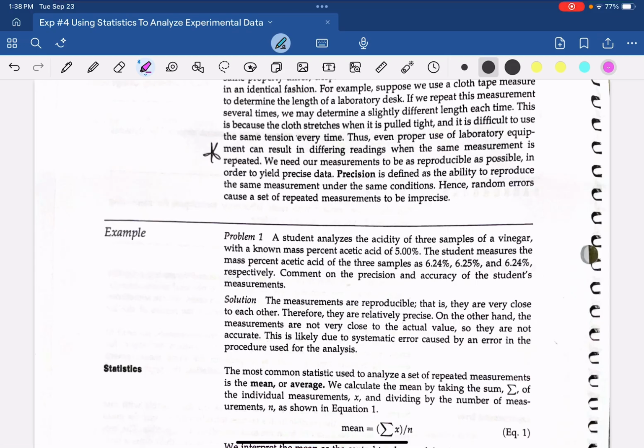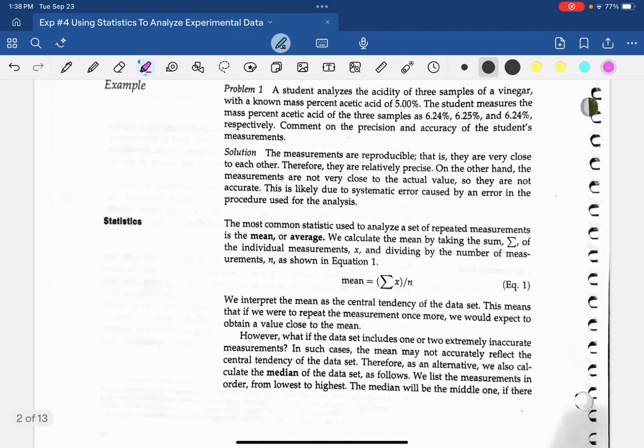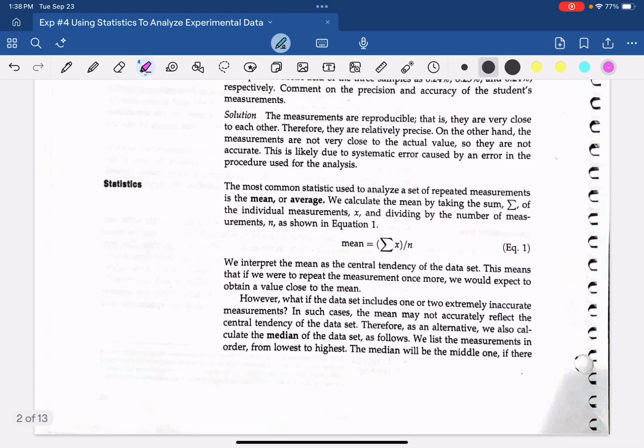At the bottom portion of page 62 of your lab, this is where we find information on the mean or the average, and we have equation number 1 that we're going to use for that.